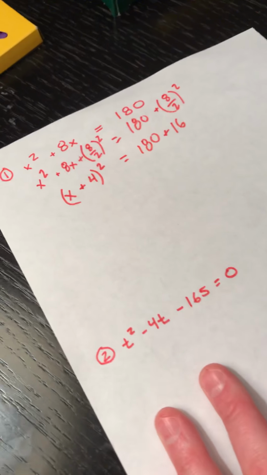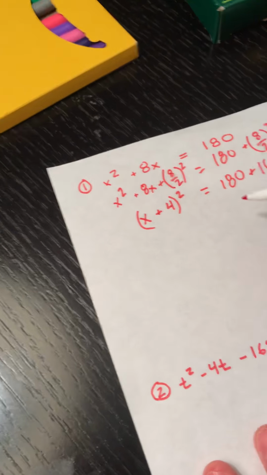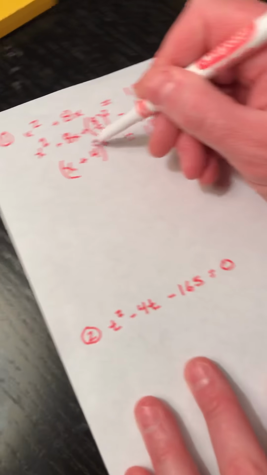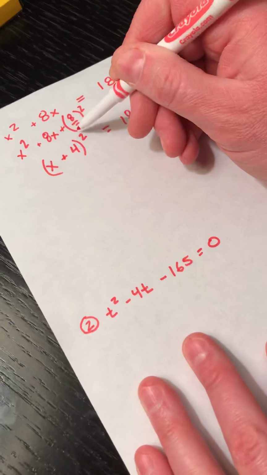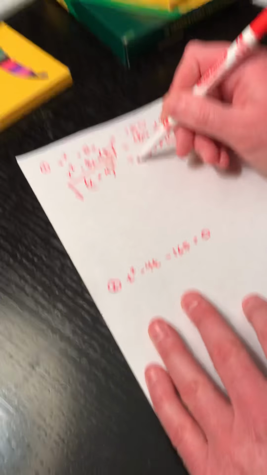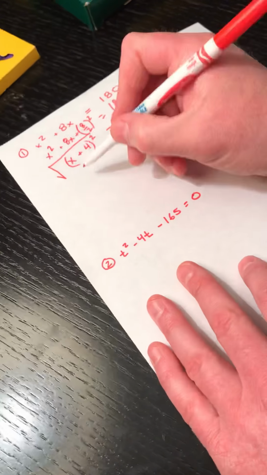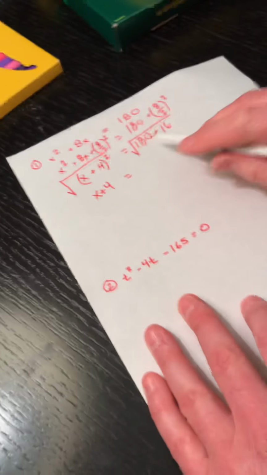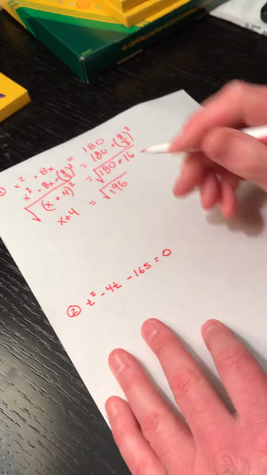Now we have this squared, so in order to get that square off of this parenthesis, we take the square root of both sides. So this now becomes x plus 4 is equal to the square root of 196.